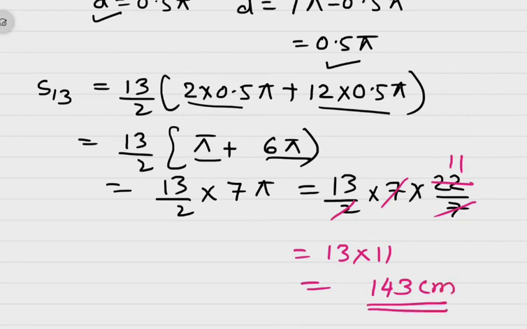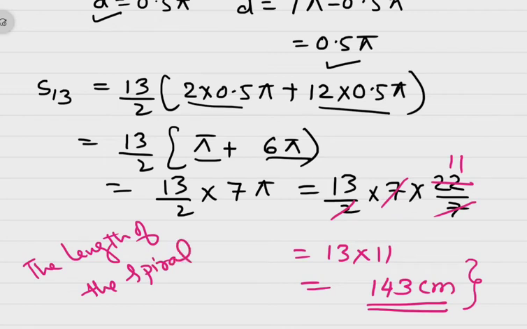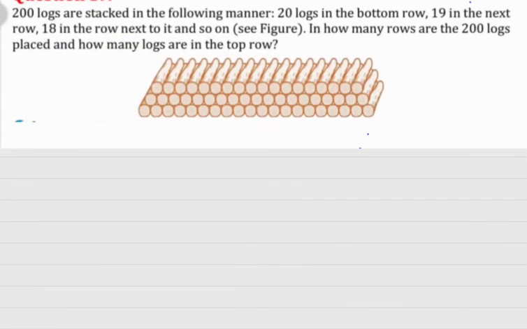It will come in centimeters, because we are finding the length and the radii is given in centimeters. So the length of the spiral will be equal to 143 centimeters.